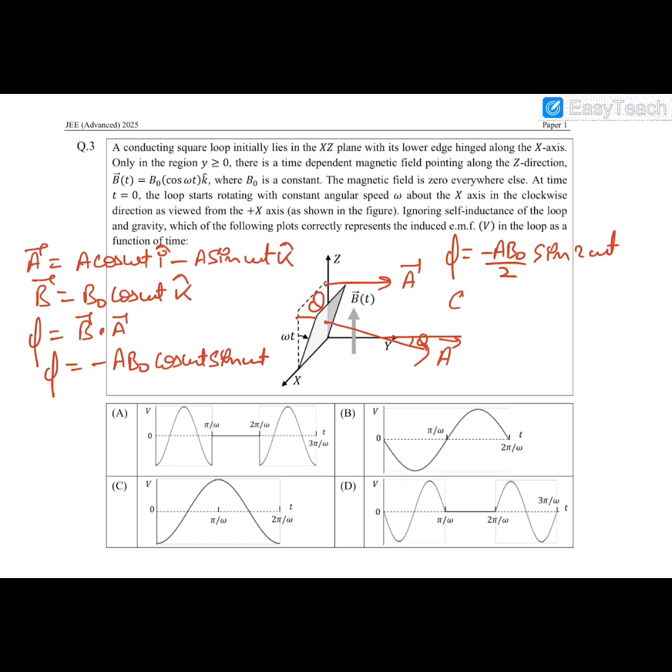And EMF is minus d phi by dt. So it would be equal to plus A B naught by 2 into 2 omega cos 2 omega t.